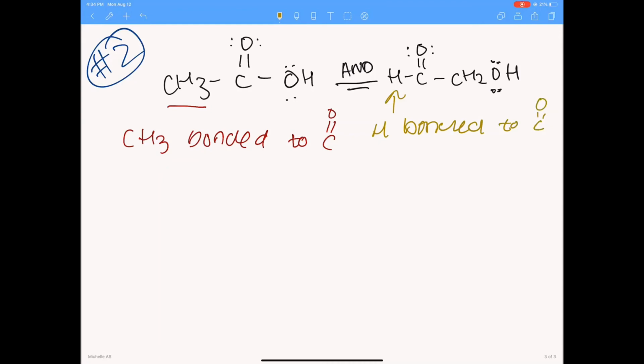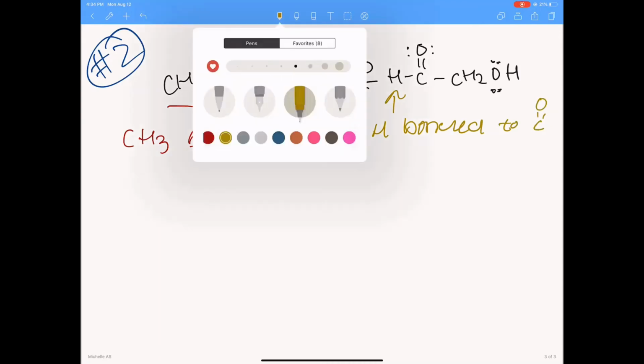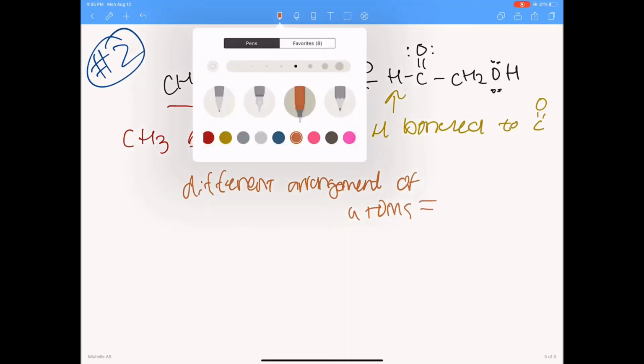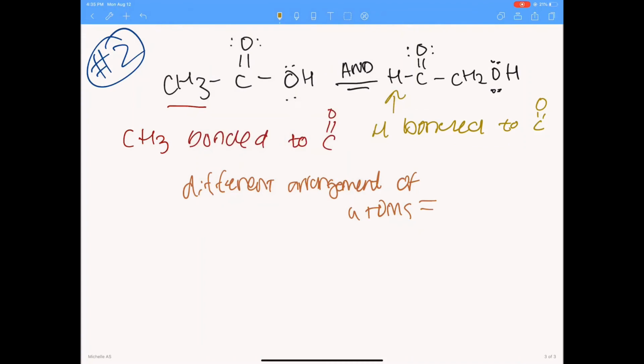Also, visually, you can see that both structures have a different orientation of atoms, which concludes that it's an isomer.